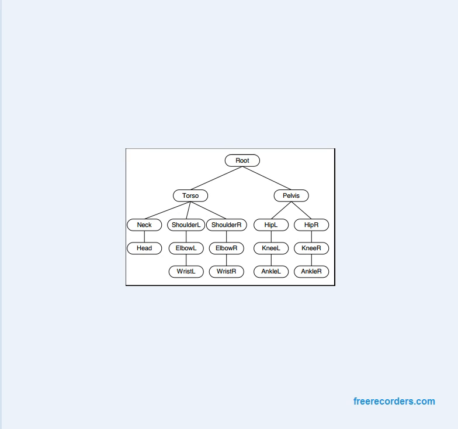Now, skinning kind of sounds simple. You just assign a vertex to a joint or a bone, but it's not quite that simple, because you get visual artifacts when you just have one weight for each vertex.